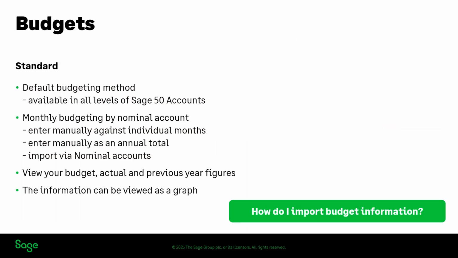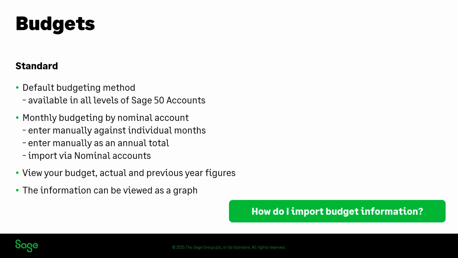Now, the standard method, which is what we're concentrating on in today's session, is the default. As I mentioned, it's available in all levels of Sage 50 Accounts, so as long as you've got Sage 50, it doesn't matter what level, you will have this option available. It's based around your nominal codes and monthly balances.